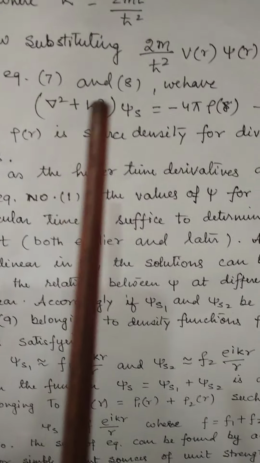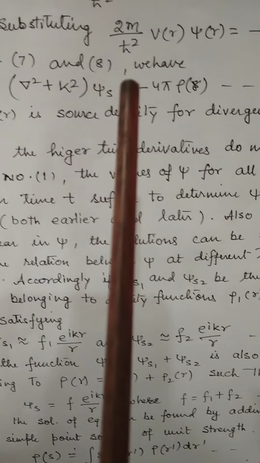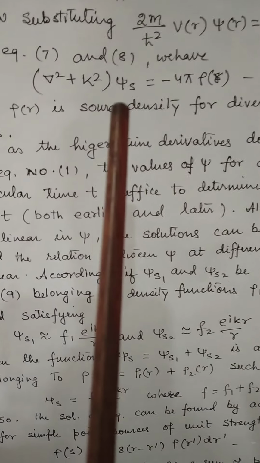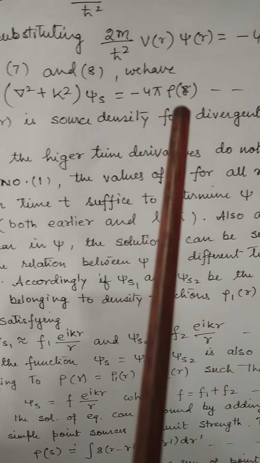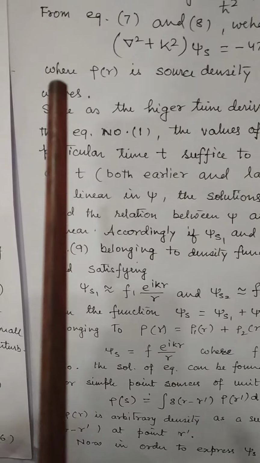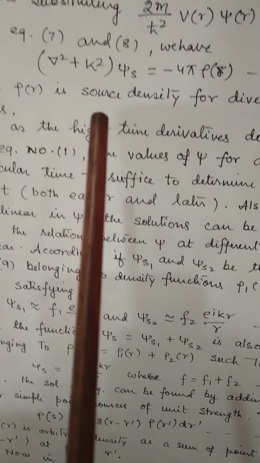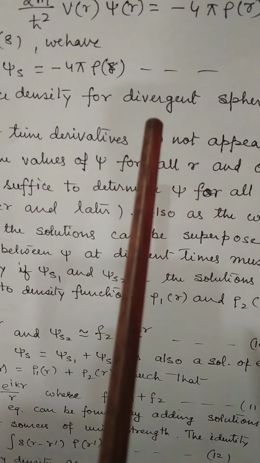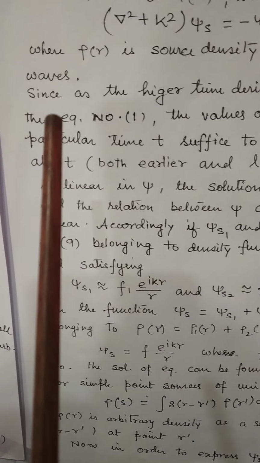From equations 7 and 8 we have (∇² + k²)ψs equal to -4πρ(r), which is equation number 9, where ρ(r) is the source density for divergent spherical waves.